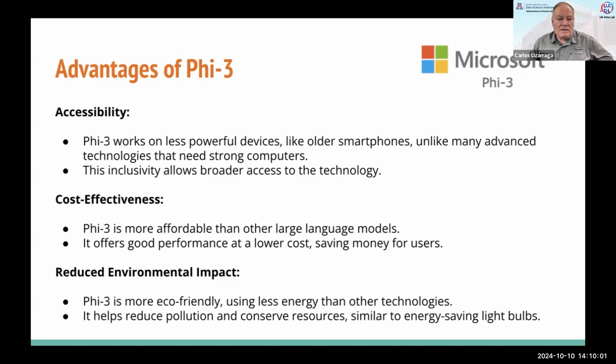They are cost effective, so they are more affordable than other large language models, and they have a reduced environmental impact, since we know that every request or query to a large language model is always associated with a big energy consumption.